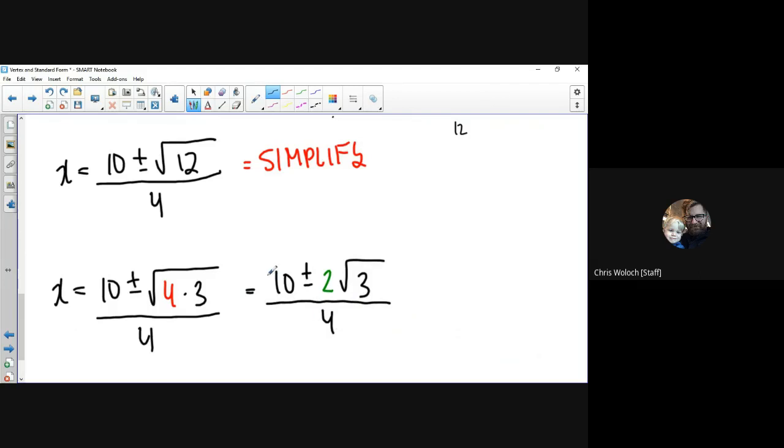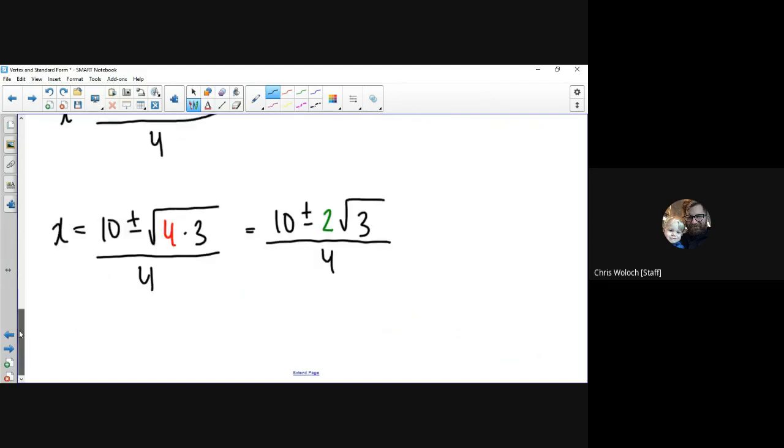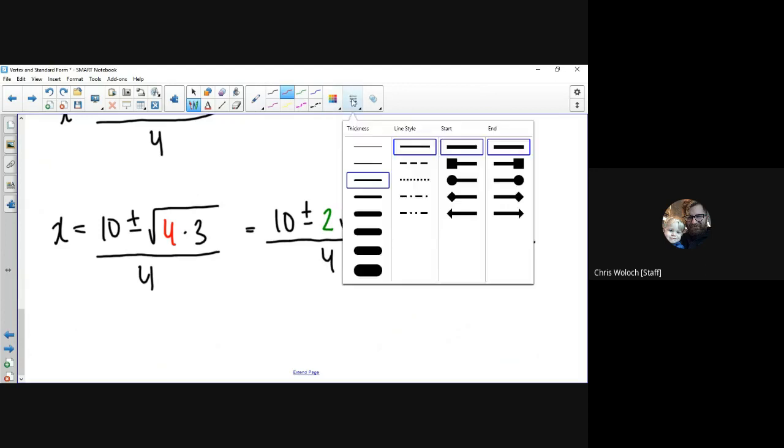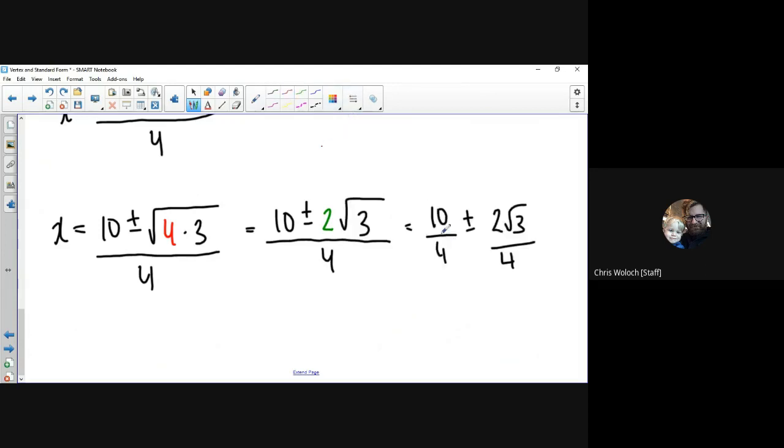And then here, sometimes it may help you to break it up. So I can write this as 10 over 4 plus or minus 2 root 3 over 4. And then hopefully you see that I can simplify, like I can divide this by 2, divide this by 2.